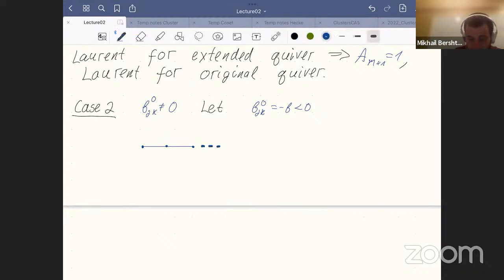And in the end we get, so we have T0, mutation J, mutation K, here T1, we have here T2, and then we have TD.